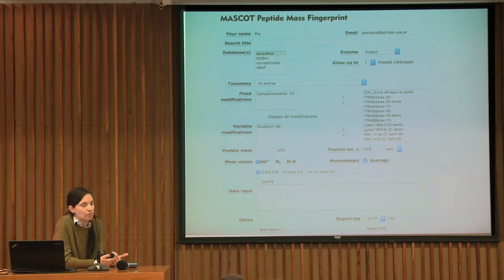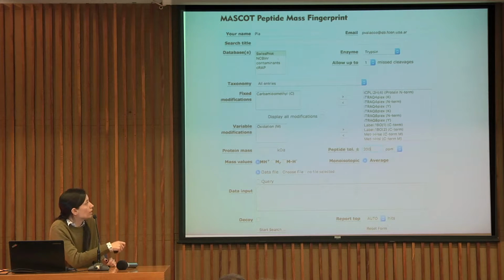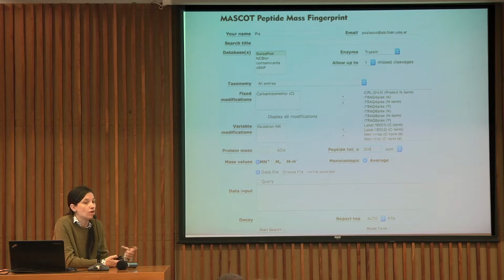So we expect every cysteine to be modified with the alkylation, and this generates a delta of 57 on each peptide. So if I tell Mascot I expect fixed carbamidomethylation of cysteines, for every peptide that contains a cysteine, it will add the 57 Daltons of the alkylation.